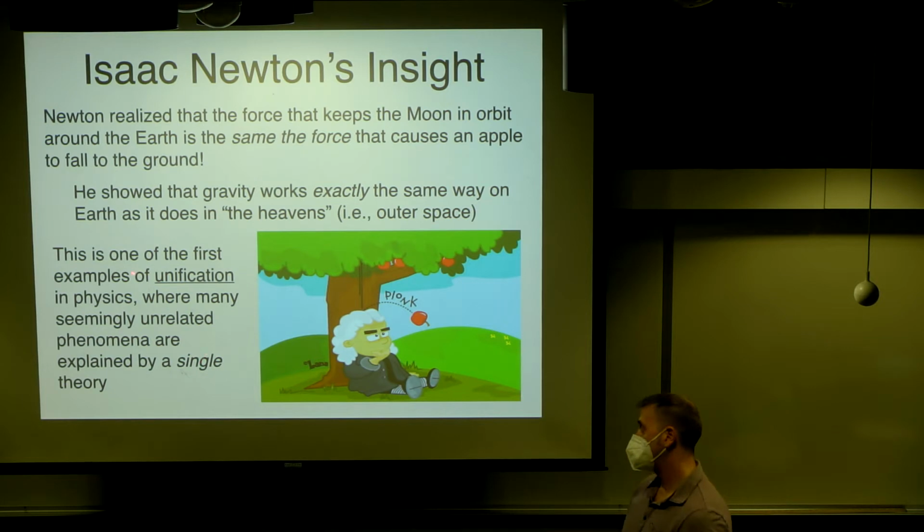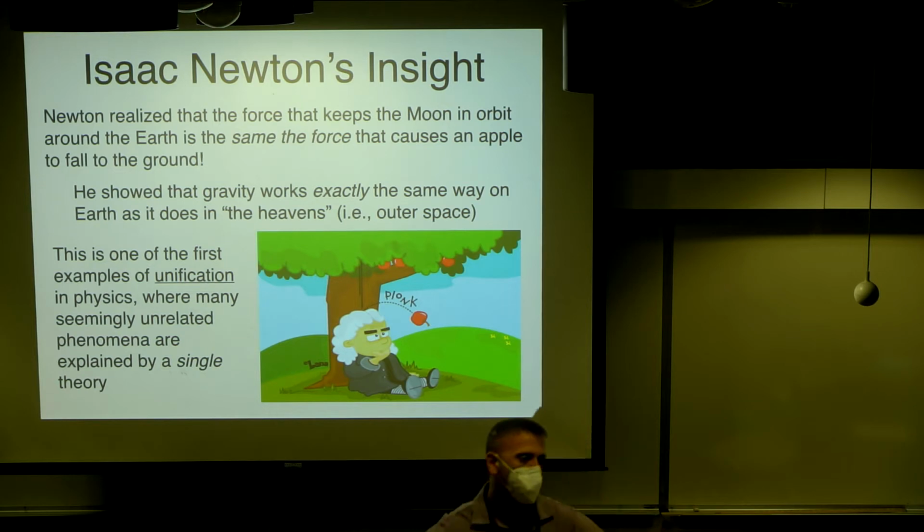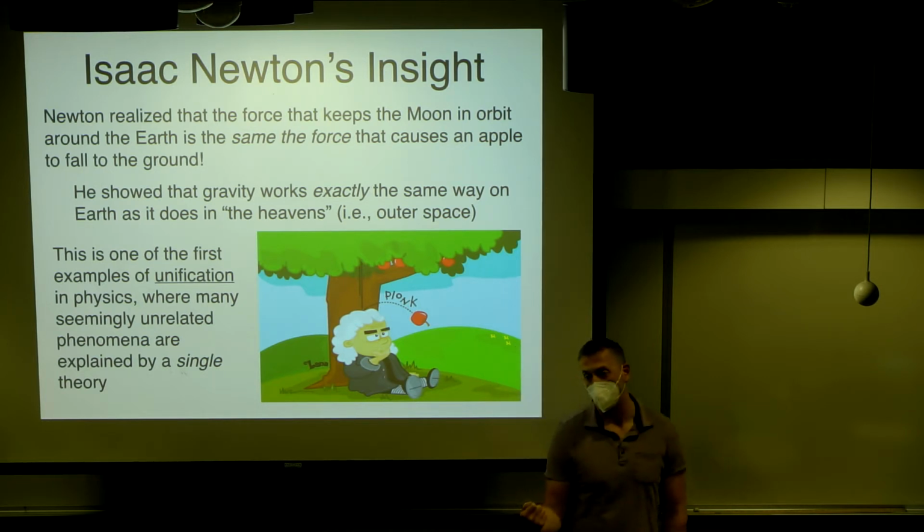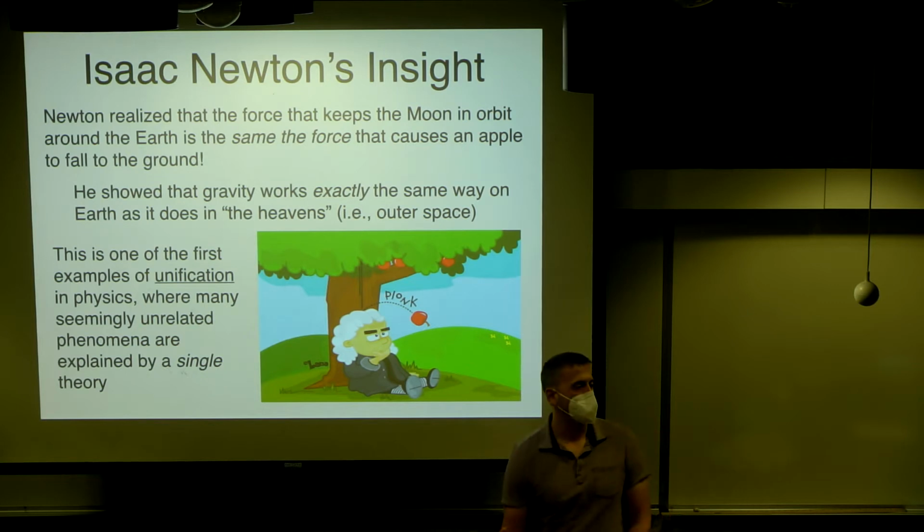And by the way, this is an example of something in physics called unification, where we take two things that are going on in the physical world that don't seem related to each other at first glance, but then we show that they're actually the same thing, right? We show that an apple falling is really the same phenomenon as the moon orbiting the Earth. There are other examples of unification in physics.